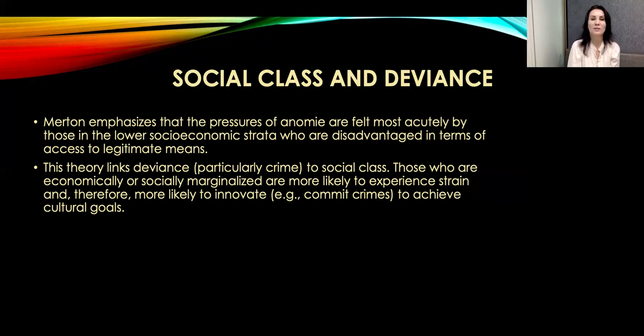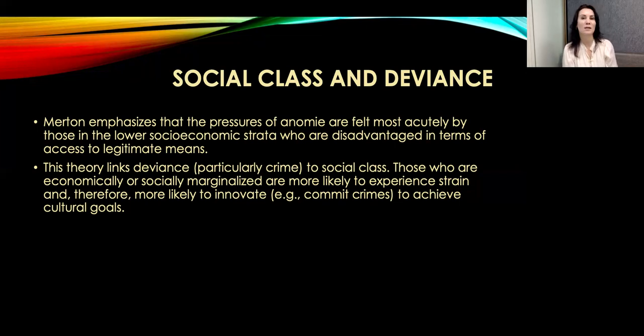And there he emphasizes that the pressures of anomie are felt most acutely by those in a lower socioeconomic strata, people who are living paycheck to paycheck, maybe have harder times in society.